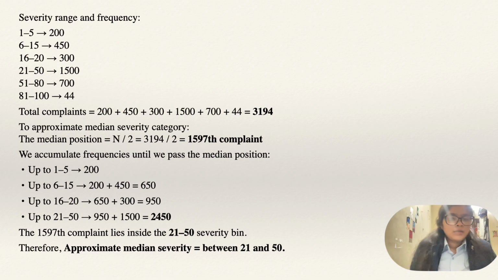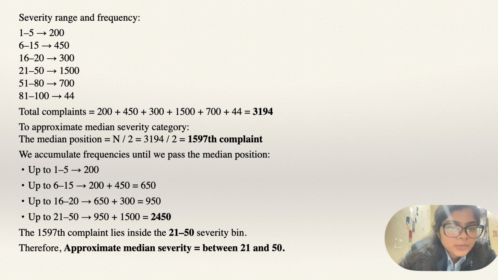Here we calculate the total number of elements, or the total number of complaints lying in the data ranges, which is 3194. Then we calculate the median position by dividing it by 2, which is the 1597th complaint.